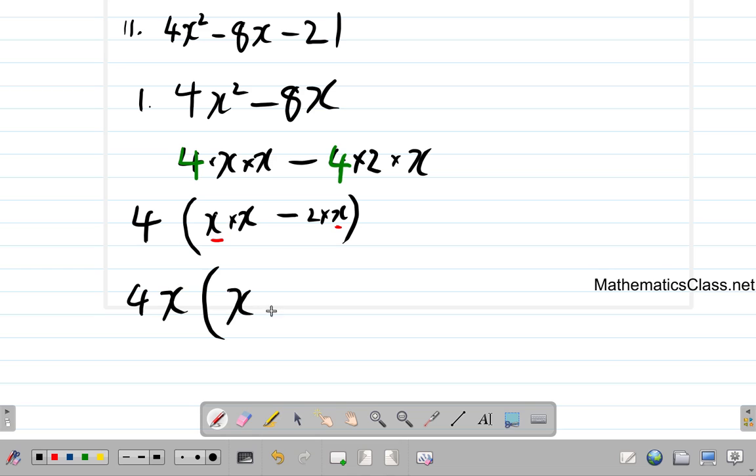What we have left is x minus 2. This is just for explanation purposes, going into all this detail, but you will of course not show all of this in the exam. So we have 4x, x minus 2.